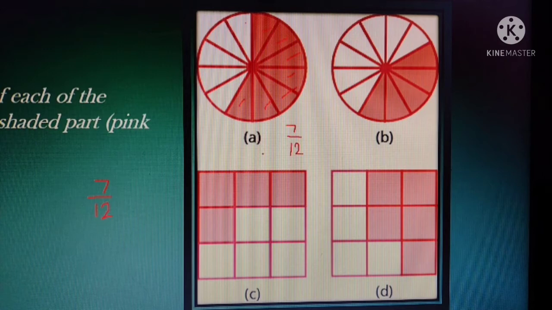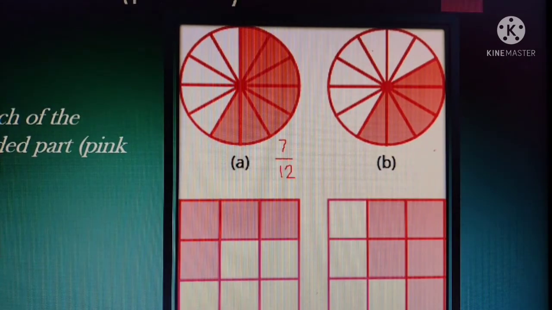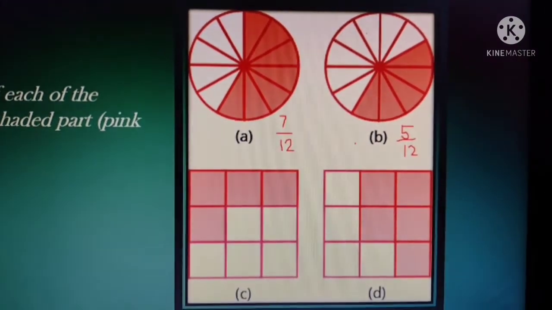Now let's see B. In B also the figure is divided into 12 equal parts. And out of those 12 equal parts, 5 parts are shaded. So you will write 5 above the division line. 5 by 12.